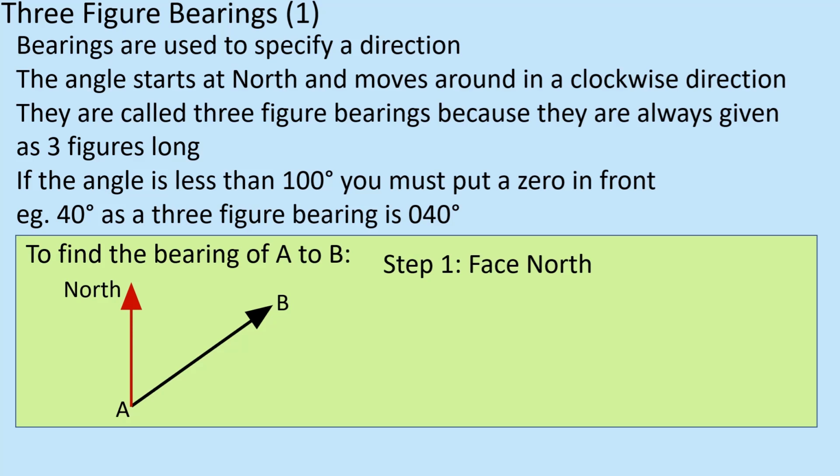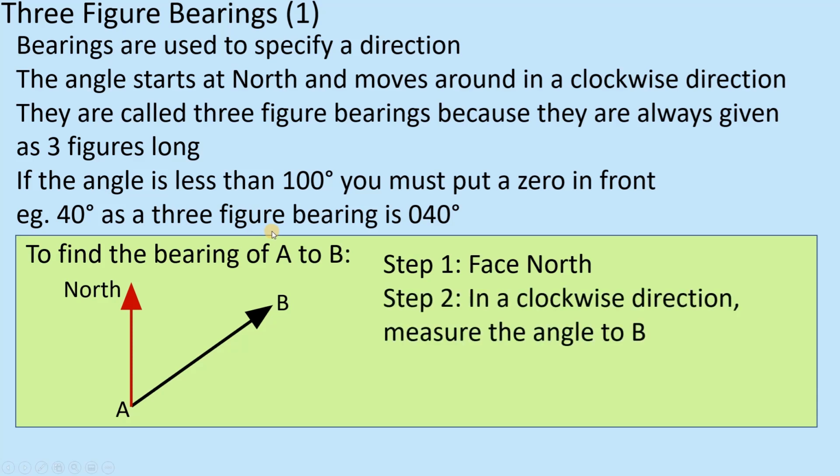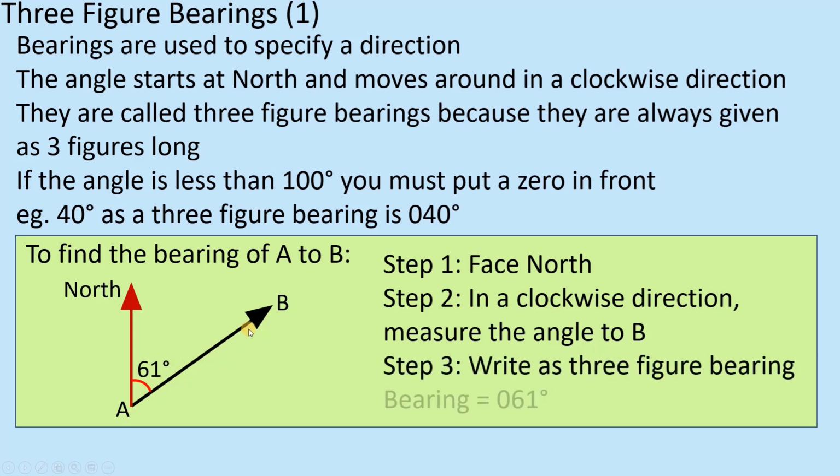You need to put that little line in there, and it's this angle that you need to measure from north. I'll take my protractor and measure that angle, and I would say to the person, the bearing of A to B is 061. I'm going on a bearing of 061, which is 61 degrees from north, but of course 3 figures.